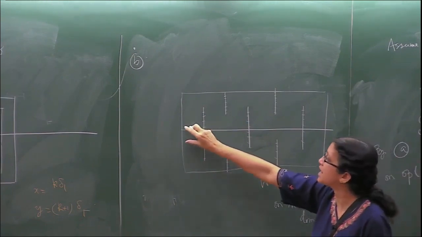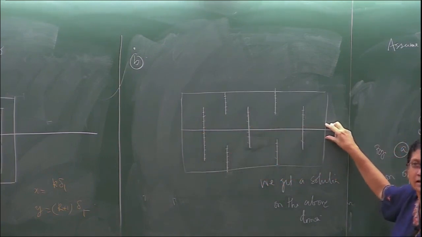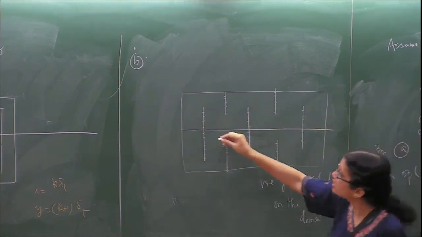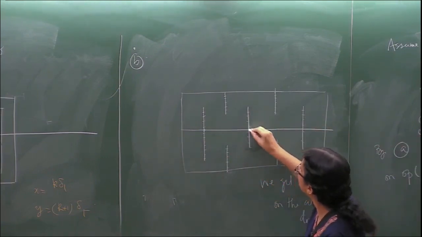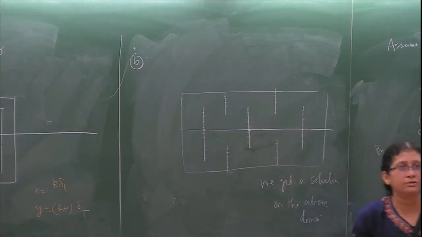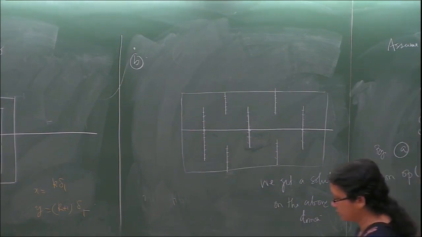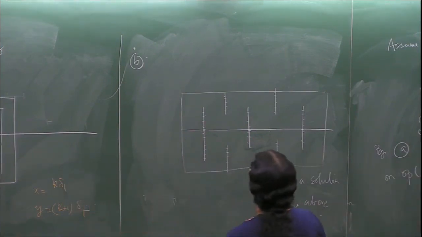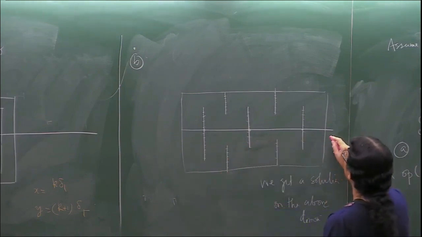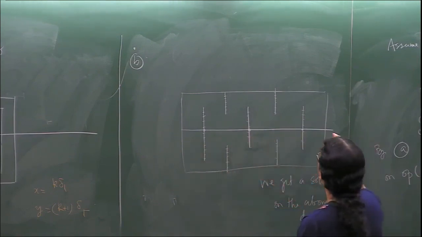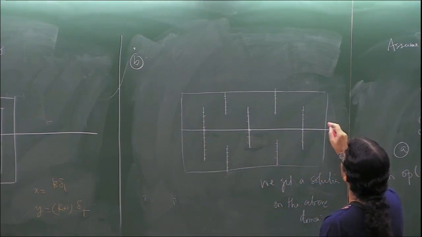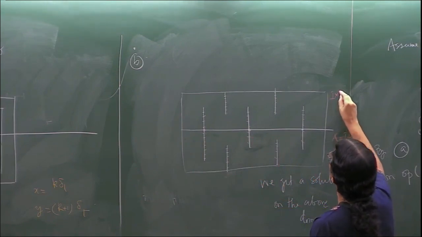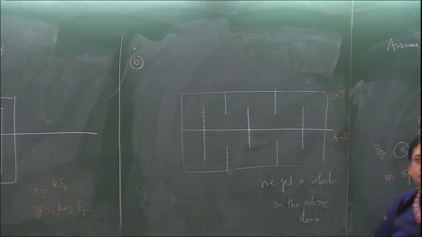I cannot extract a neighborhood of this A from there, because at this point my solutions are not defined. So how to get rid of this? What we do now, again we use this diff invariance property. So the picture is such that your A is I, and this direction is simply I cross some interval j.